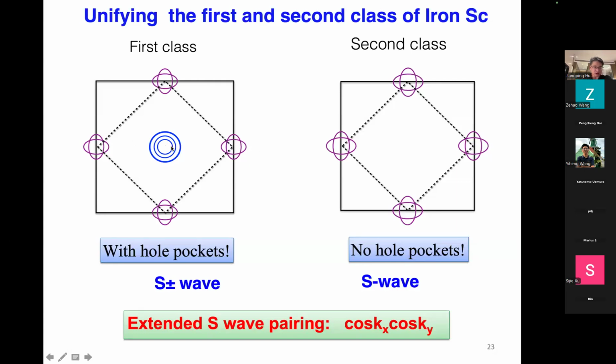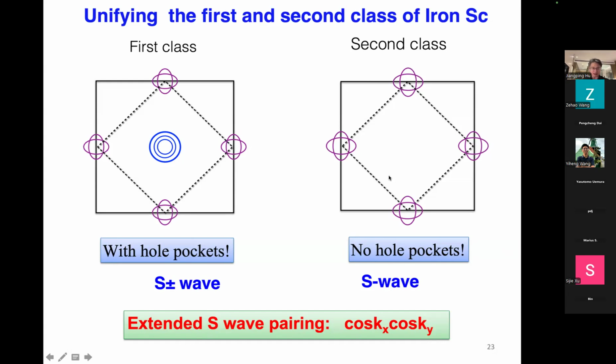So for this first class of iron-based superconductors, they call it S plus minus: here plus, here minus. But without the hole pocket, it will just be a standard S wave superconductor, with no sign change in momentum space.